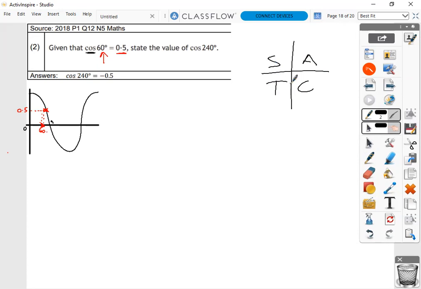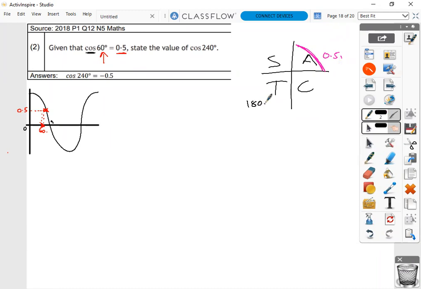So when it's cos 60, the answer sits in the A quadrant, and the answer is 0.5. Then if we wanted to find cos 240, cos 240 is 180 plus 60.